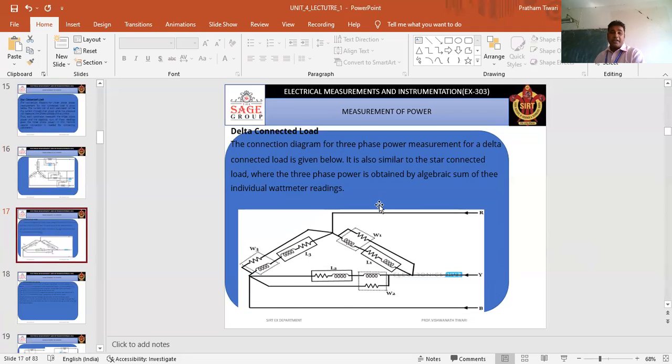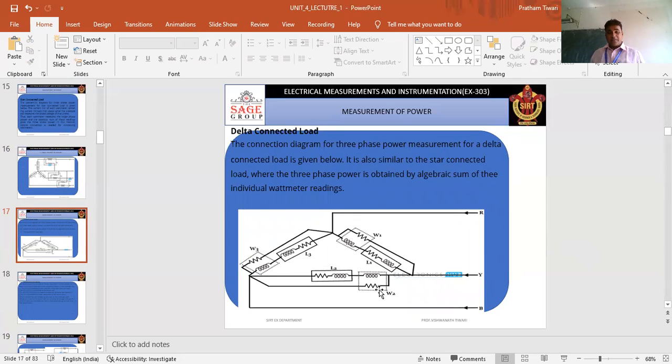Now, delta connected load. The connection diagram for three-phase power measured for the delta connected load is given below. It is also similar to the star connected load, where the three-phase power is obtained by the algebraic sum of three individual wattmeters. Just like in this figure, you have to see that three wattmeters are connected in delta.